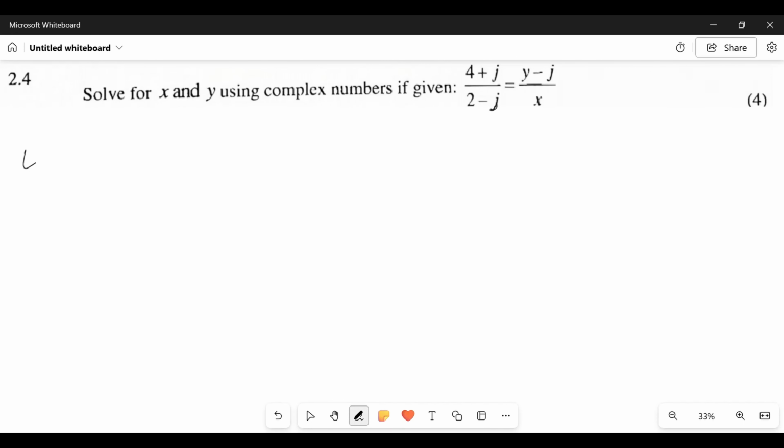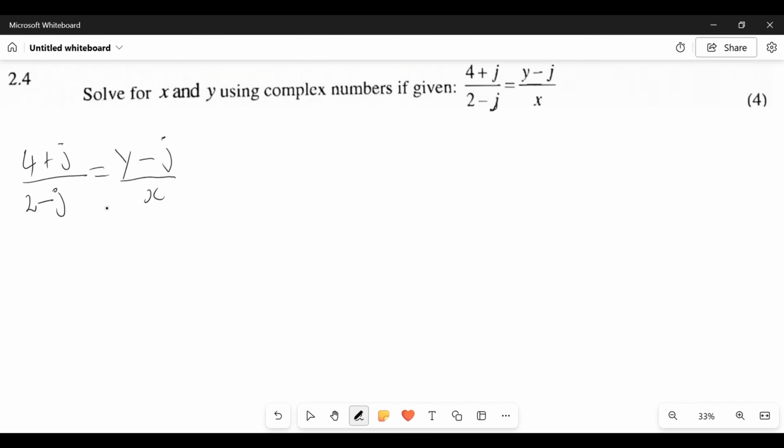So we have (4 plus j) divided by (2 minus j), all this is equal to (y minus j), all this is divided by x. Right, so in order for you to solve for x and y, you need to simplify this expression here.